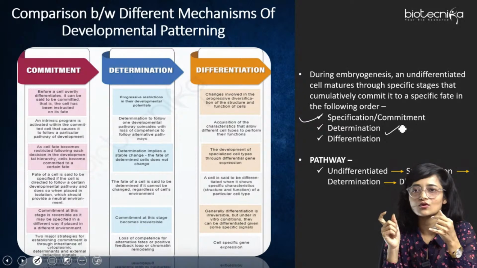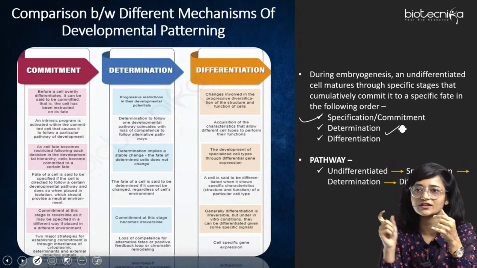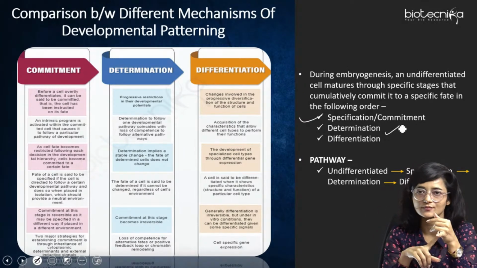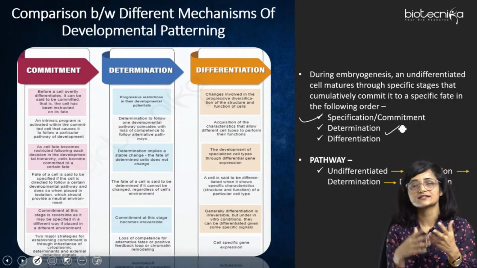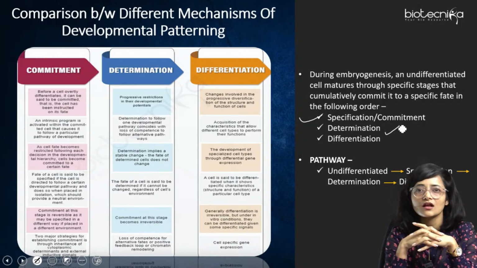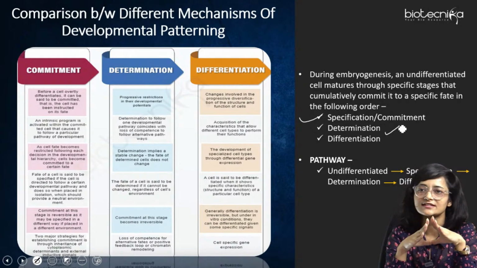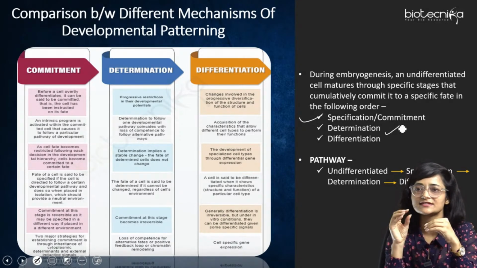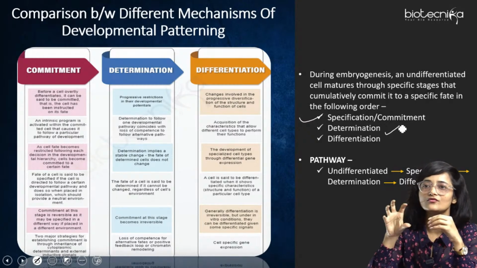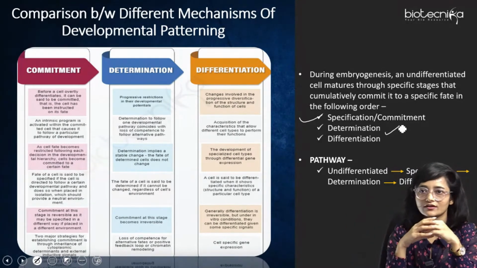Since the cell has already decided which fate it will be achieving, for that the proteins will be produced, and the genes will be expressing accordingly, and after that the expression will take place likewise, right? A cell is said to be differentiated when it shows the specific characteristics. So from the unspecified cells, the cells will start showing certain specific characteristics which are basically known for that particular cell type only, right?